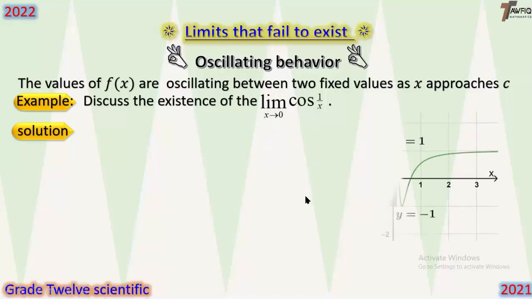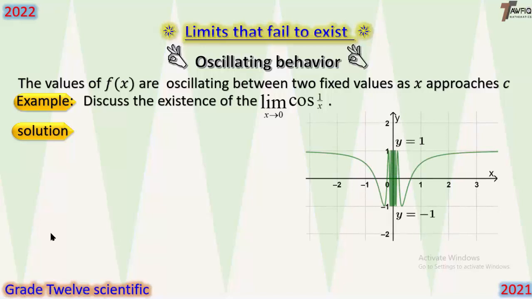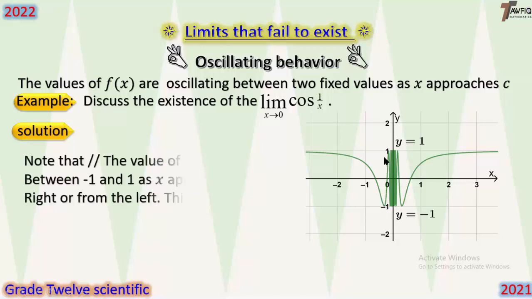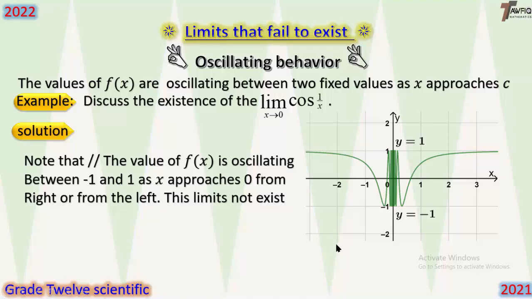If we draw the graph of this function, it is like this. As you can see, when we approach 0 from the right or the left, coming closer and closer to 0, the value of y is oscillating between minus 1 and 1. Therefore, the limit does not exist.